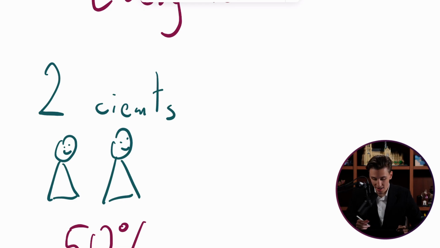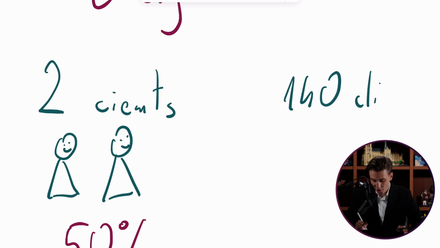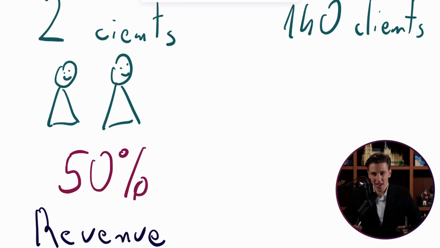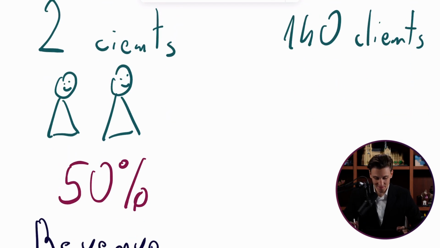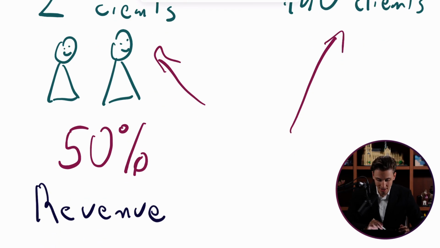Then we have approximately 140 clients who make the rest of the revenue. As you can imagine, this is a very big problem, and this is a very big chaos. Why? Well, if one of them goes bye-bye, we have a 25% drop in revenue.